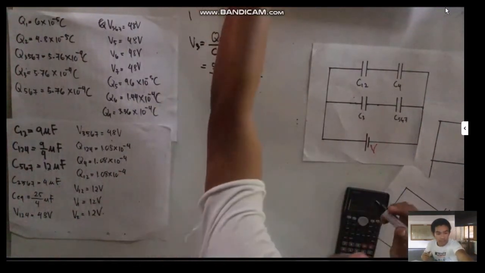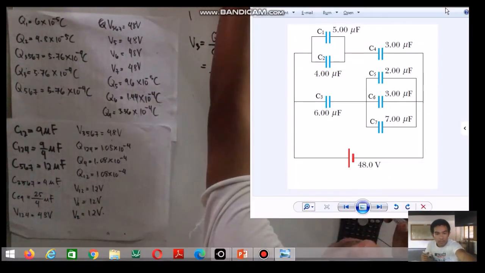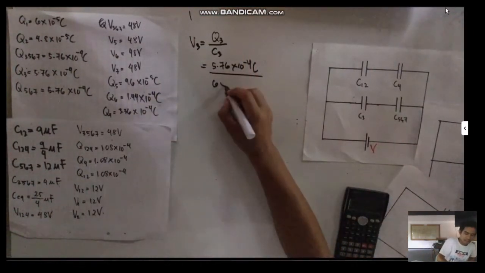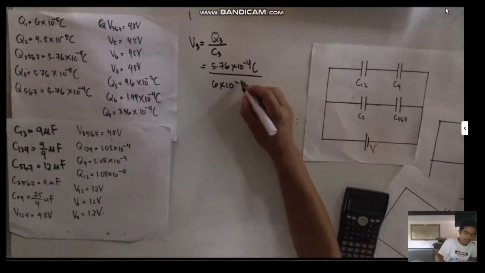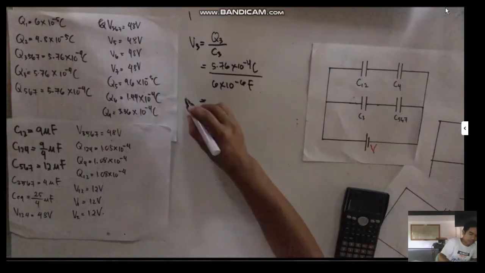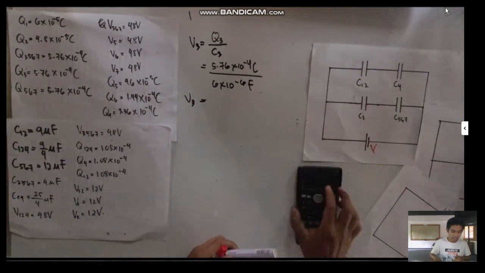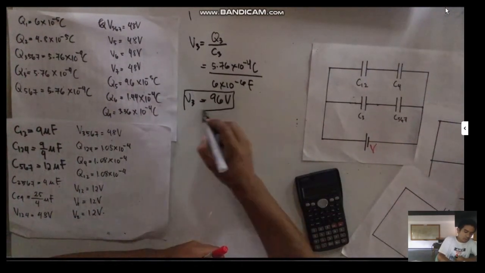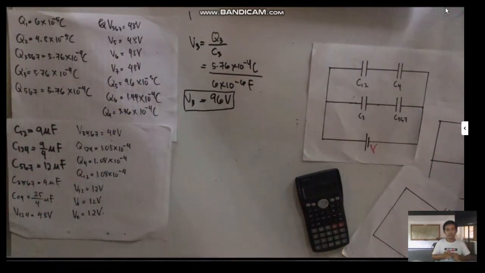Okay, it's given. Capacitor 3 is 6 microfarad. So this is 6 times 10 to negative 6 farad. Then V3 equals 96 volts.